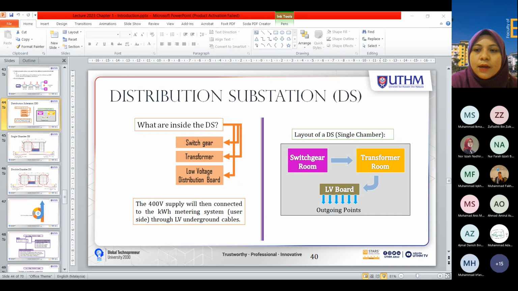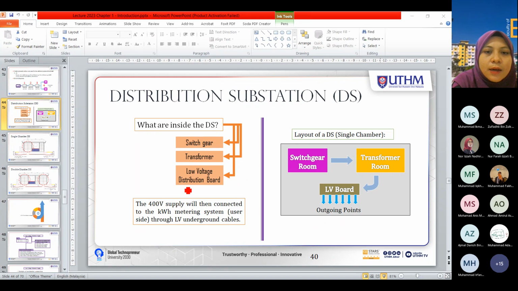Okay. And then kita ada juga the third one, the low voltage distribution board. This one is the device that is used to divide the output or supply the low voltage to the consumer. Daripada distribution board ni dia akan pergi ke feeder pillar.